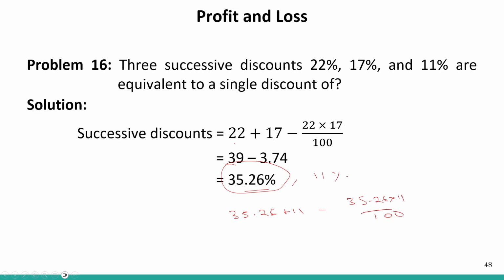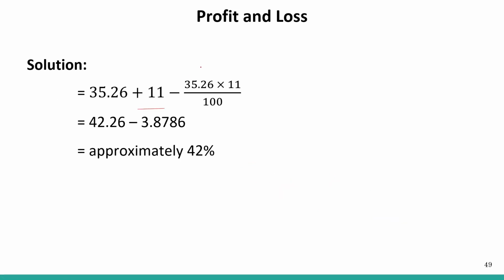So this will be the final amount. 42.26 minus 3.8786. Okay, there is a slight mistake here. So by subtracting this much, what we are left with is 42.6.